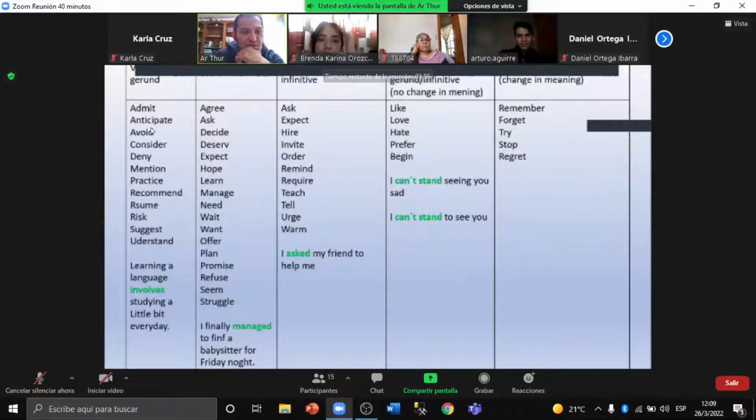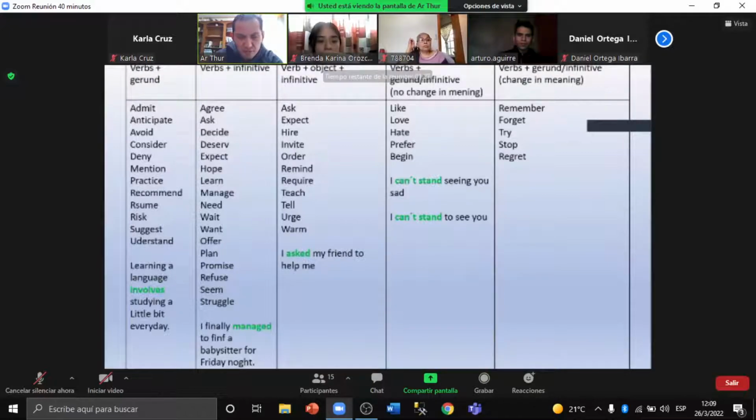When you have these verbs and you want to use a second verb, the second verb is with ing. For example, involves studying. Aprender un idioma significa estudiar un poquito más todos los días.